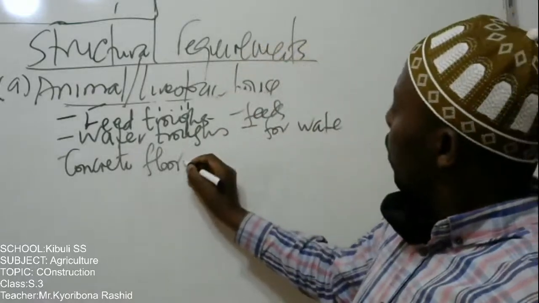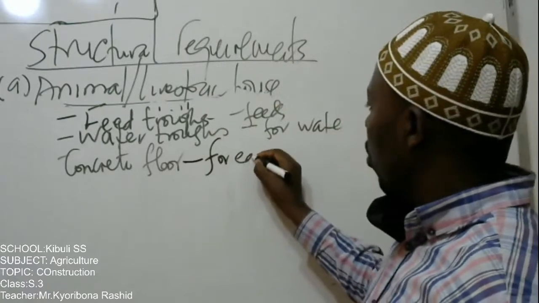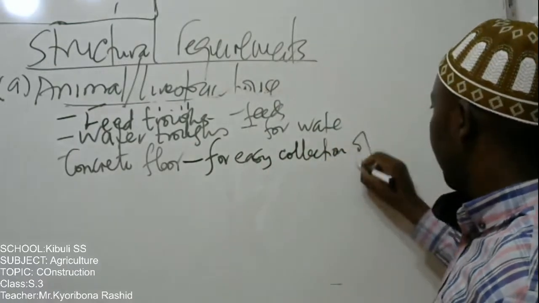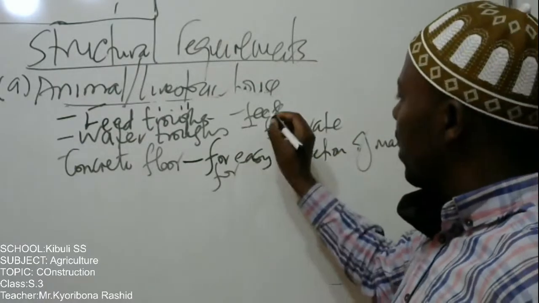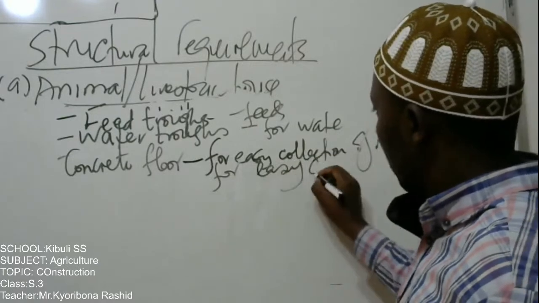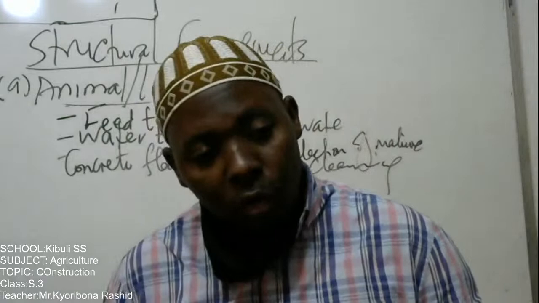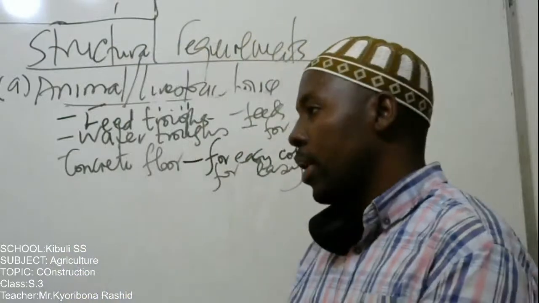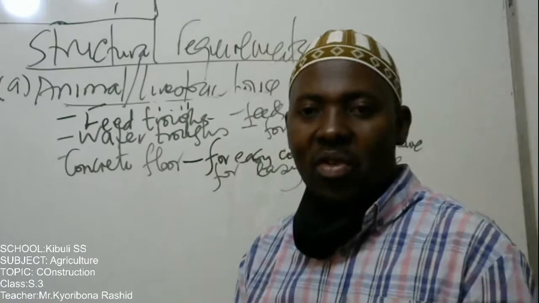Okay, a concrete floor for easy collection of manure, for easy cleaning. You can easily clean when a concrete floor has been used, than when the floor of the animal house does not have concrete.